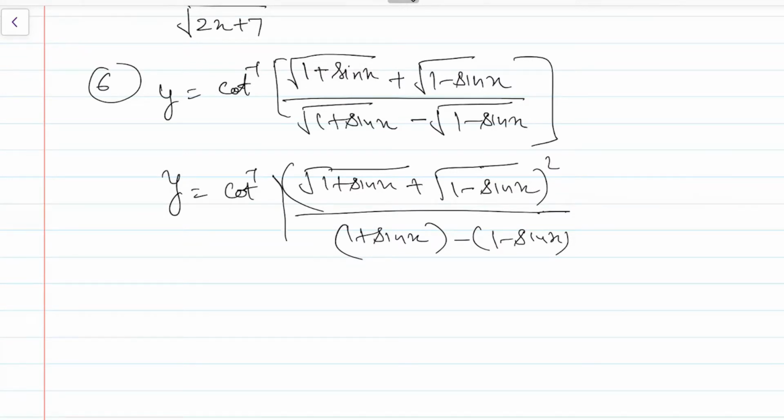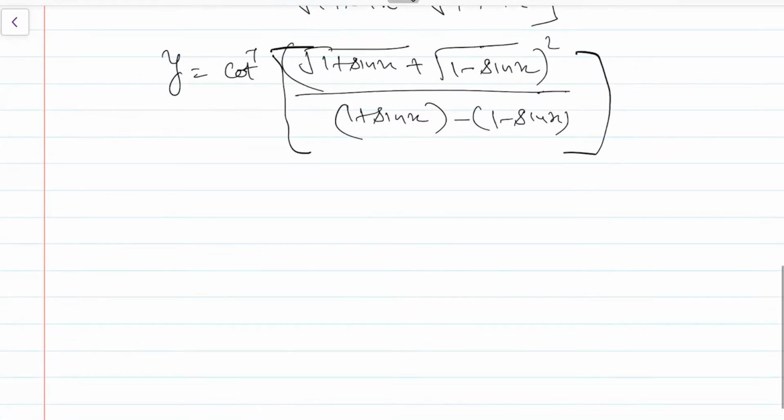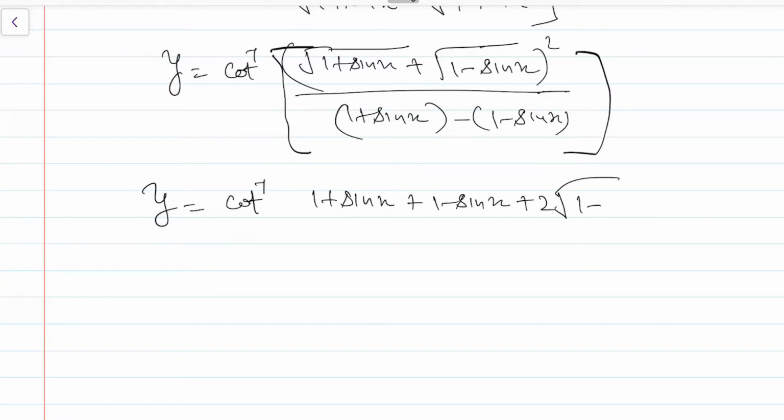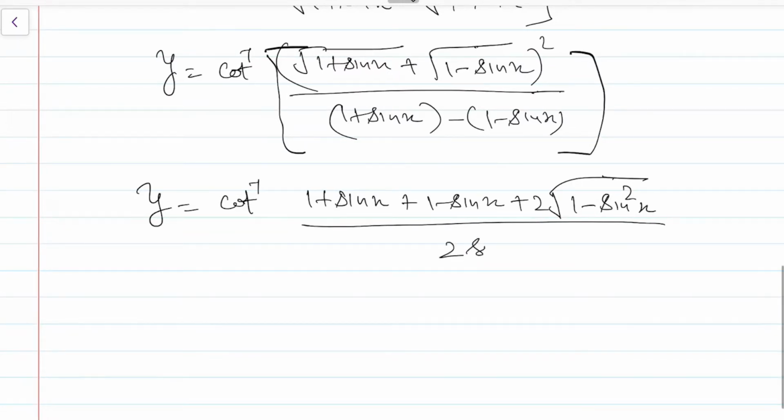What we have done is multiplied both numerator and denominator by the conjugate of the denominator. Using a plus b whole squared as a square plus b square plus 2ab, the product of a and b. In the denominator, 1 will cancel 1 and we'll have 2 sin x remaining.